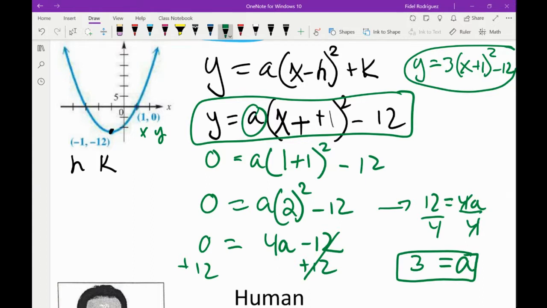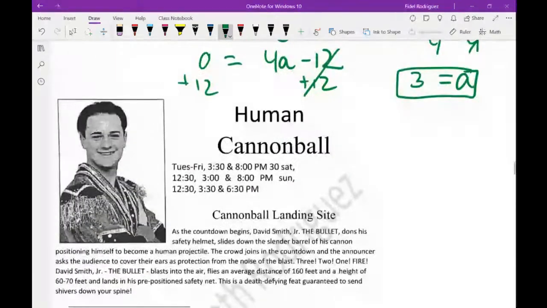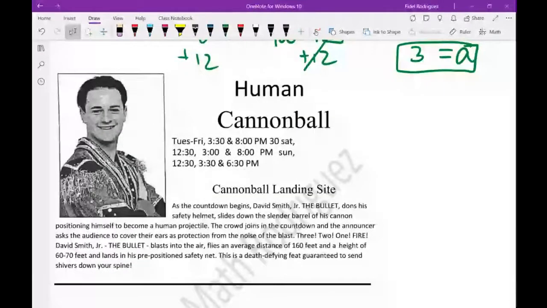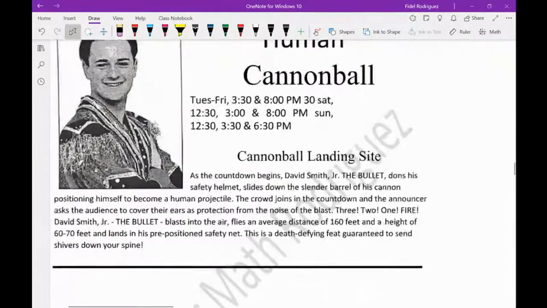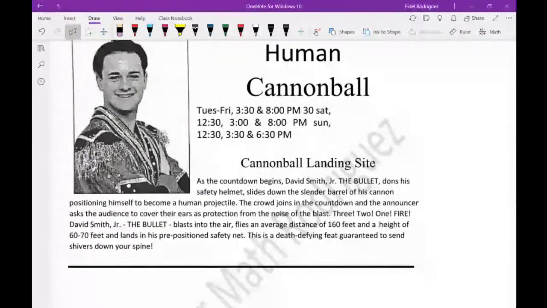Okay, so guys, the next thing I have, same exact problem, but it's in the form of a human cannonball, right? So let's take a look here. We got some information, and I'm just going to read it a little bit to you guys. It says, as the countdown begins, David Smith Jr., the bullet, dons his safety helmet, slides down the slender barrel of his cannon, positioning himself to become a human projectile.